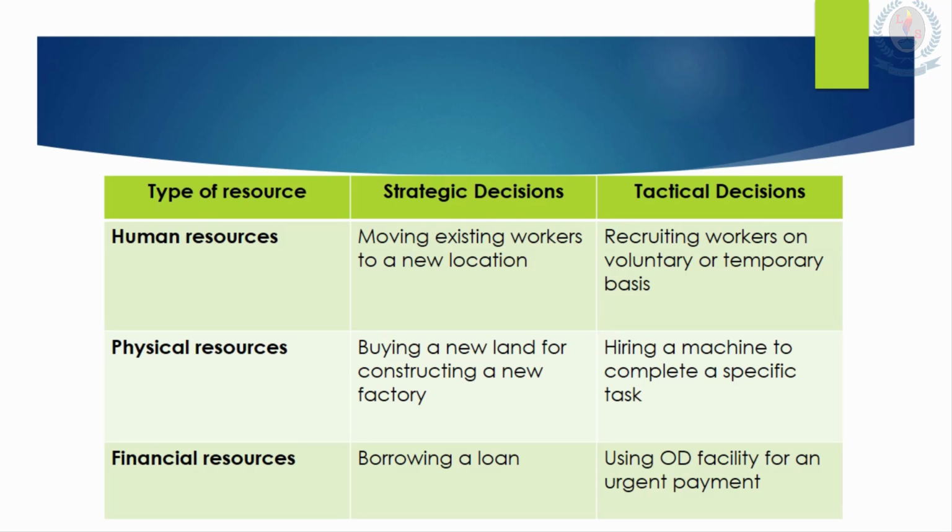And think that if they have urgent requirement to pay some certain utility bills or some invoices, then they can use OD facility, overdraft facility. Using OD facility, they can fulfill their urgent payments.